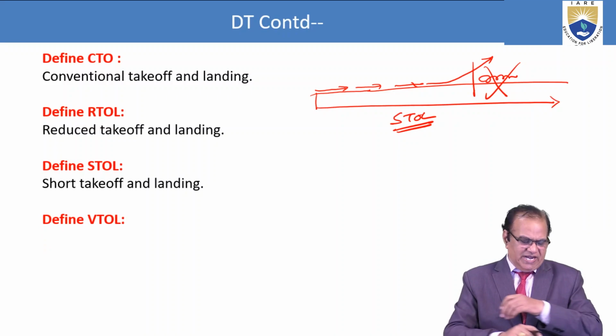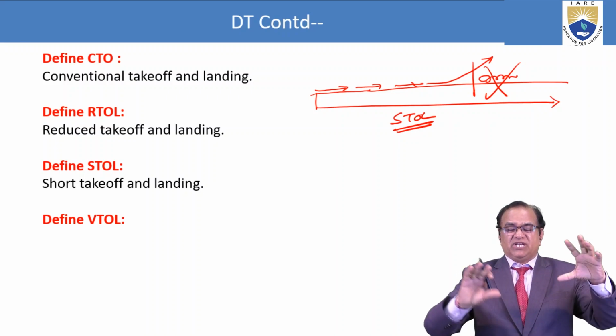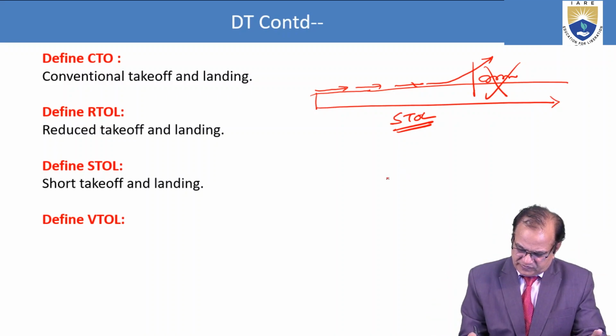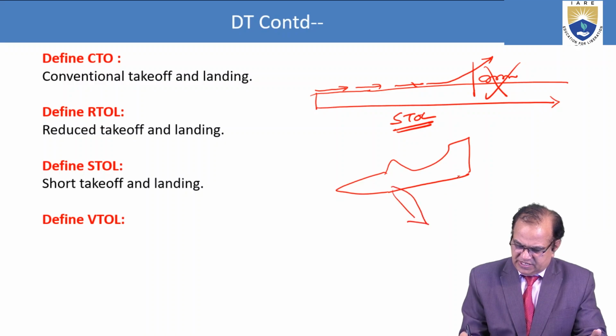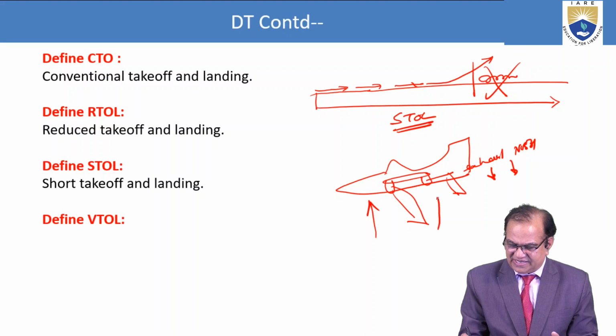Vertical takeoff and the landing, especially for the shipborne flight, uses the thrust of the engine. If this is the aircraft, this is the tail, and here we have the engine. This engine will turn the exhaust nozzles downwards like this, and your aircraft will be lifted up like this.